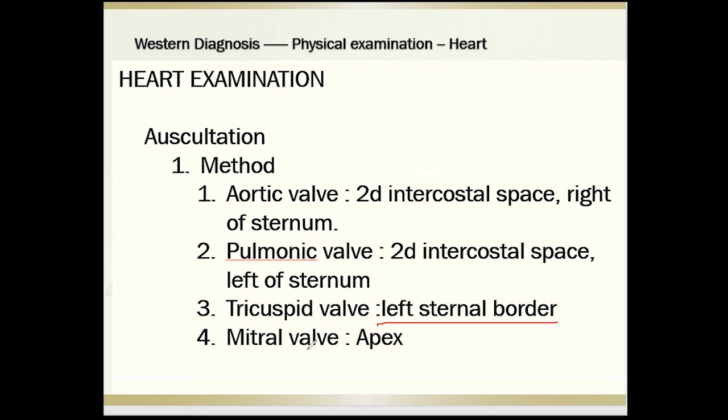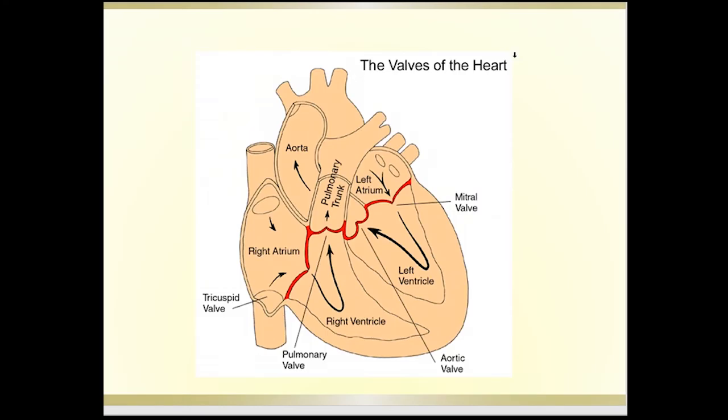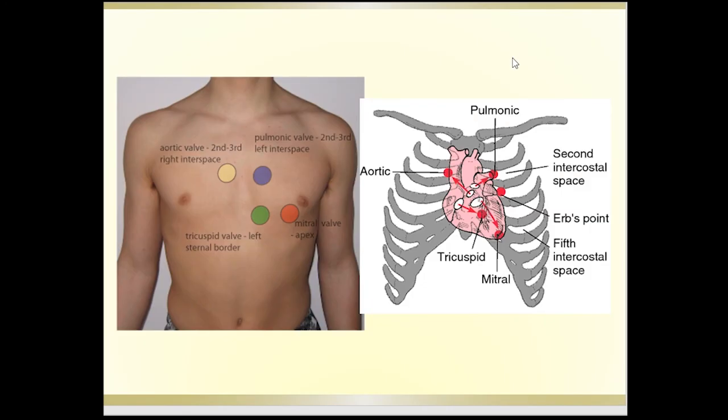Then we go to the last valve, the mitral valve, right in the apex area. So we say apex area, but this heart is drawn a little bit bigger, it should be like this. So at the apex area, we can hear the sound in that area.